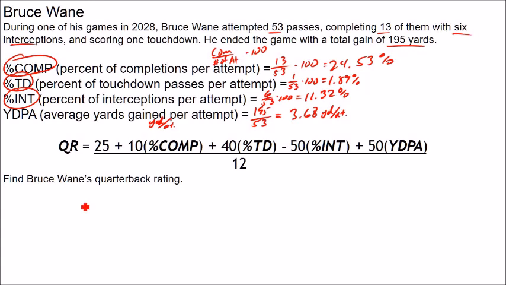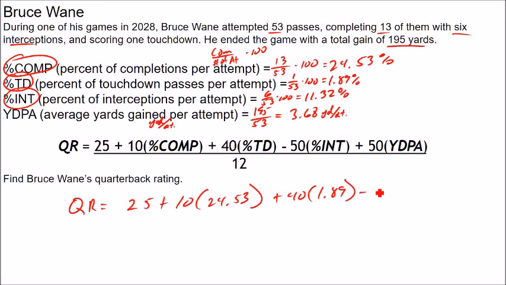So when I plug this in, my quarterback rating is going to be 25 plus 10 times the percent complete was 24.53 plus 40 times the touchdowns percent, which was 1.89, and then minus 50 from the interceptions, which was 11.32.